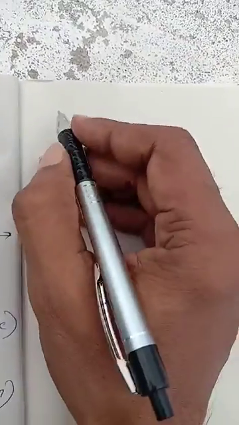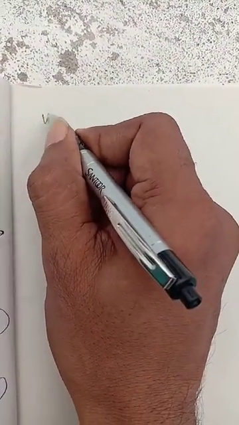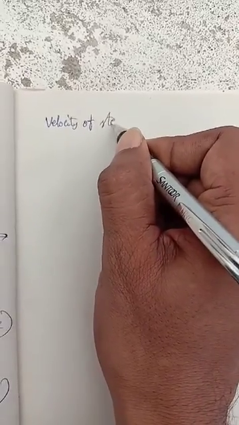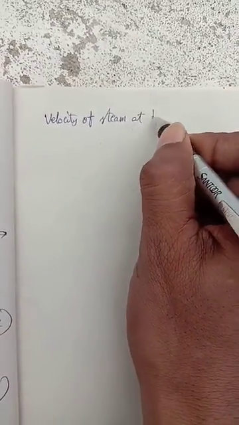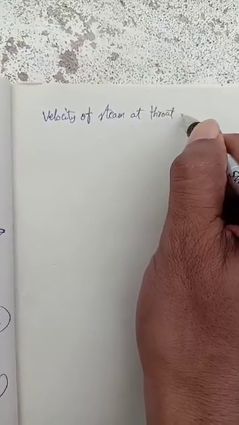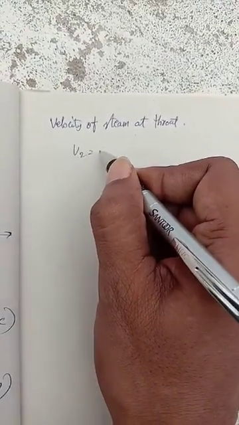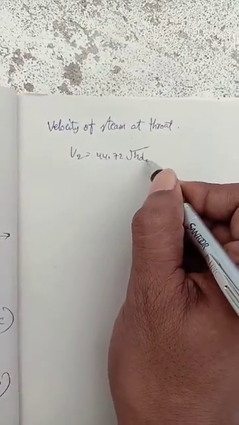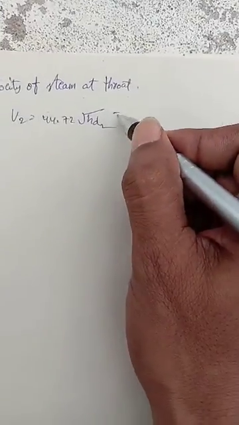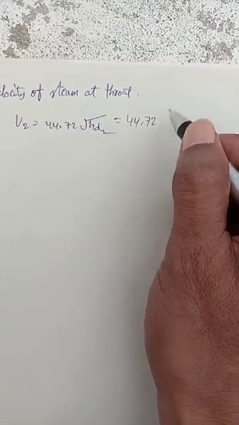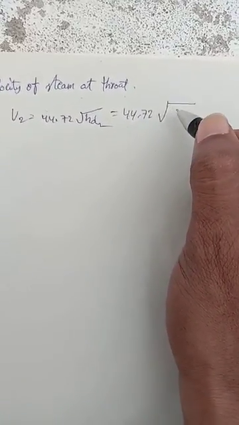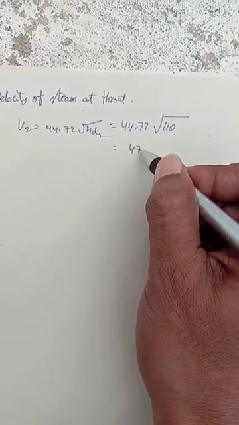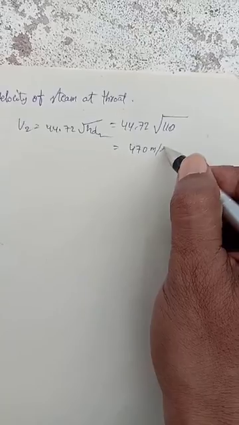Next we go for the velocity of steam at the throat. V2 is equal to 44.72 root of ht2. Then you can find this, approximately 470 meters per second.